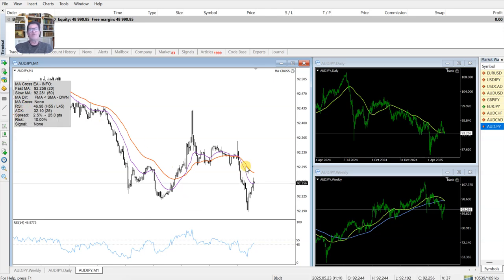The reason why we use momentum or price strength and trend strength is so that we avoid all this right here when the market goes flat. As you notice, if we align this up, we are sitting here bouncing back and forth.